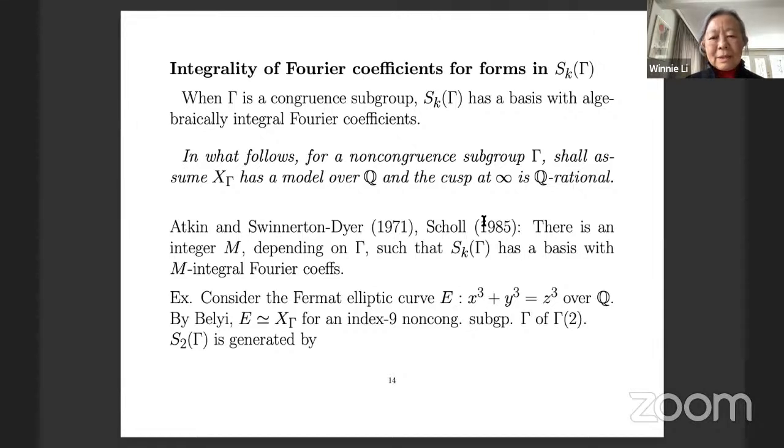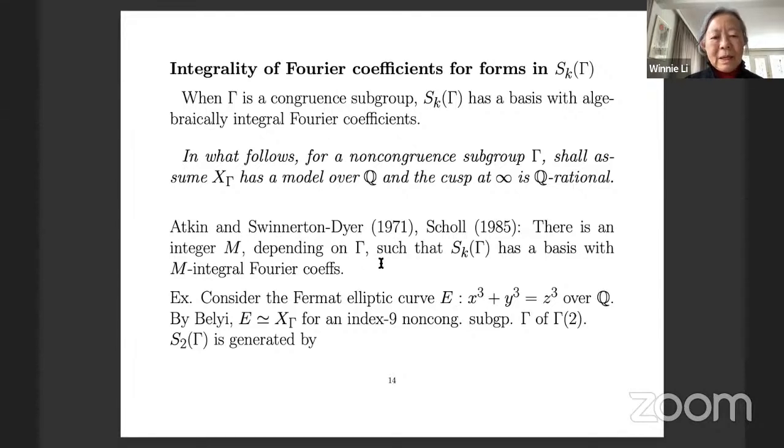In this case, ASD showed that there is an integer m which depends only on the group gamma, such that the space of cusp forms of weight k for gamma has a basis with Fourier coefficients integral outside of m. So for non-congruence subgroups, this m more or less plays the role of the level for the congruence subgroups.